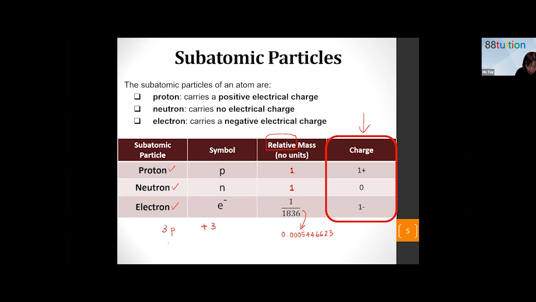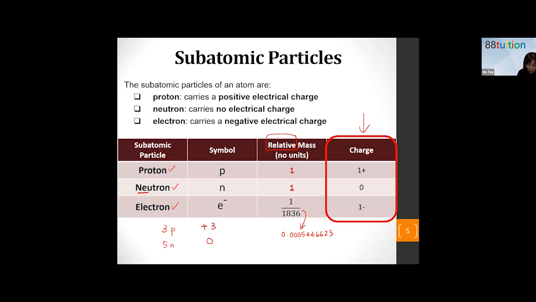For the neutrons, every neutron carries 0 charge. The word neutron reminds you of the word neutral, and neutral means 0 charge. So even if I have 5 neutrons, the charges will still be 0.